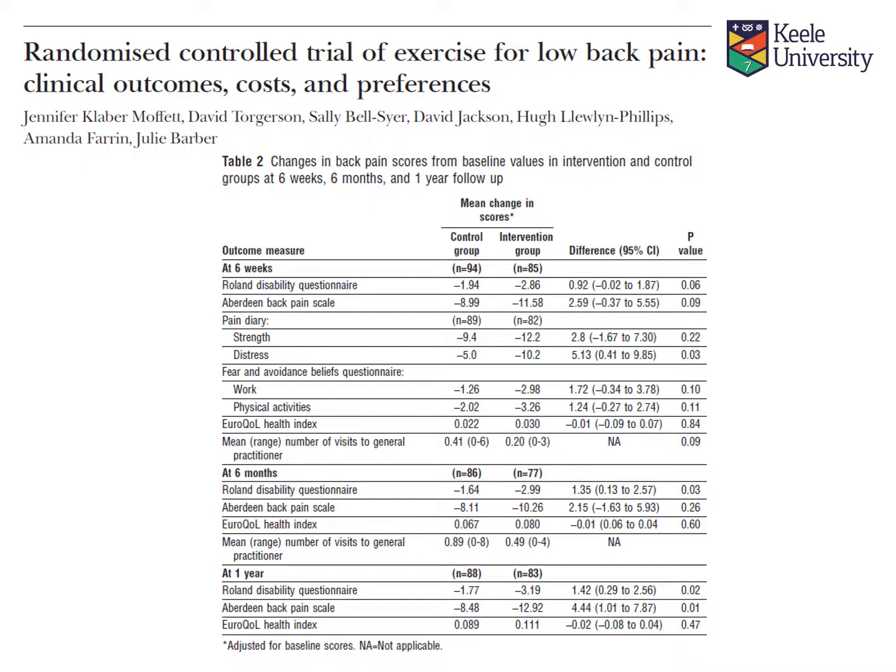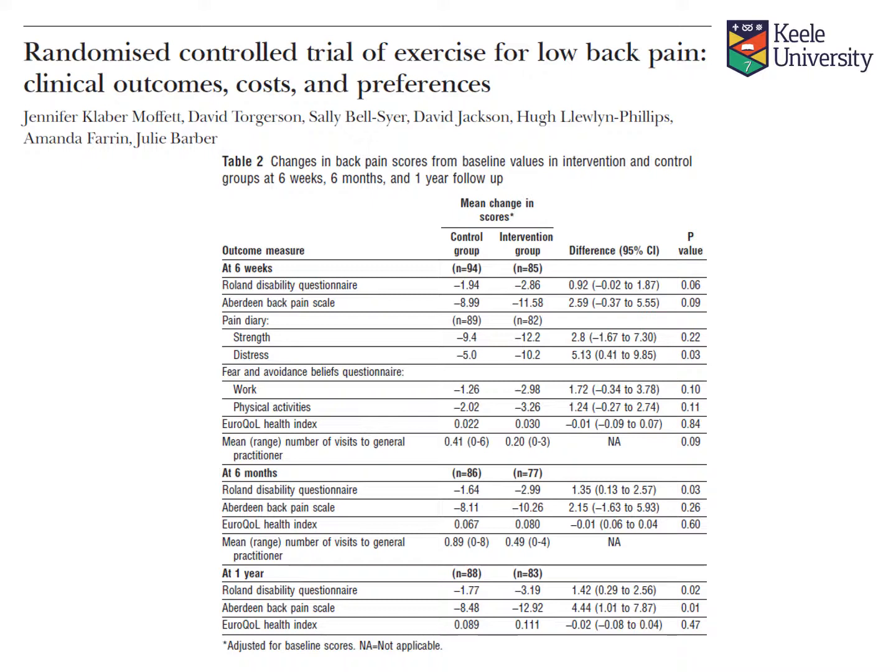And you can see, for example, the outcome measure at 6 weeks. If you look, Roland Disability Questionnaire in the control group, minus 1.94. This is the mean change in score. In the intervention group, the mean change in score was minus 2.86.